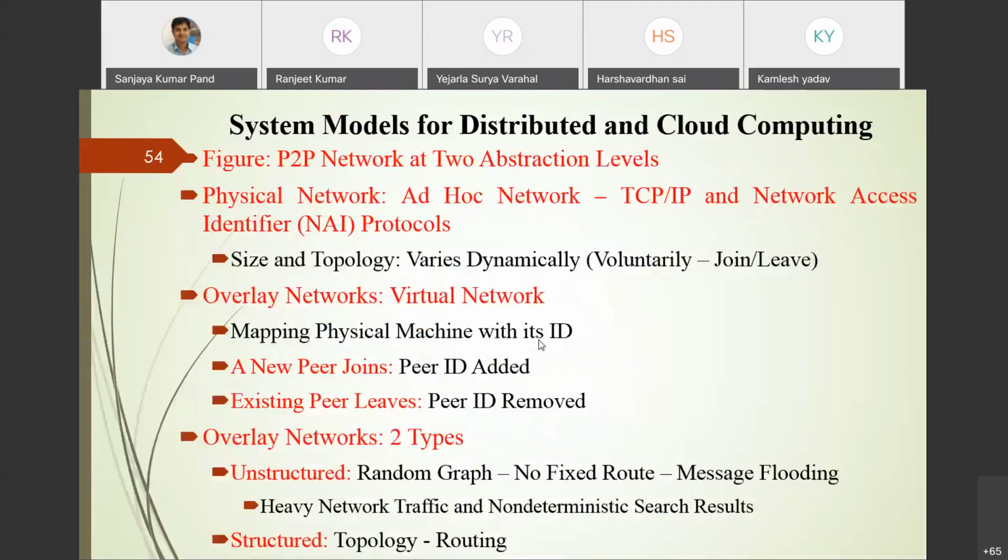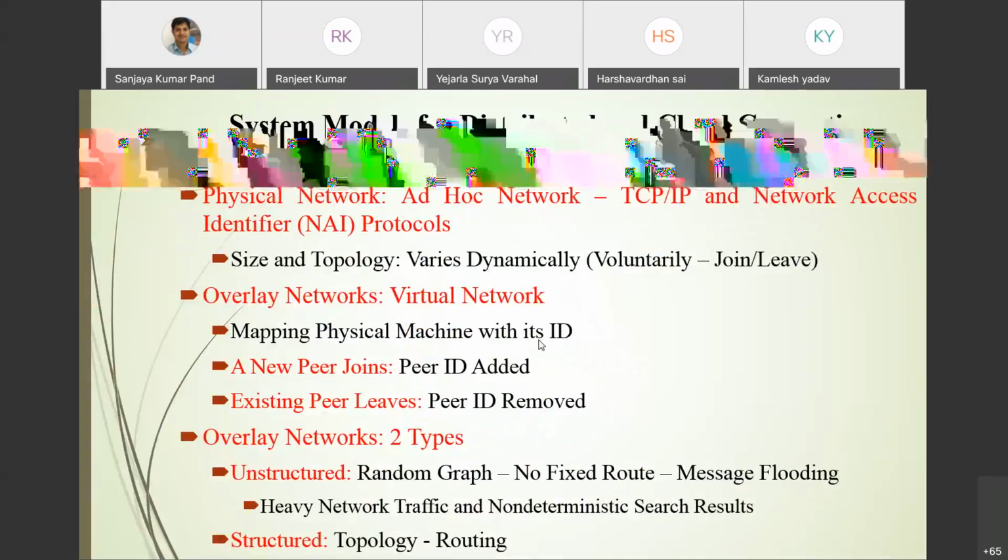So this physical network is an ad hoc network. Ad hoc means it is a temporary network, because at some point a peer may join, and a peer may leave. Anybody can leave.